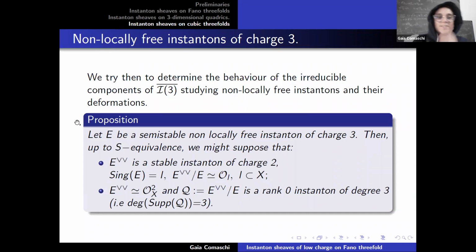We have that if E is a semi-stable non-locally free instanton of charge 3, then up to replacing E by an appropriate representative of its S-equivalence class, we might suppose that either E double dual is a stable instanton of charge 2, so that the quotient of E double dual by E will be the structure sheaf of a line that will then be the singular locus of E, or otherwise the other possibility is that E double dual is the trivial sheaf, so 2 copies of O_X, and this time this quotient will be a rank 0 instanton of degree 3.